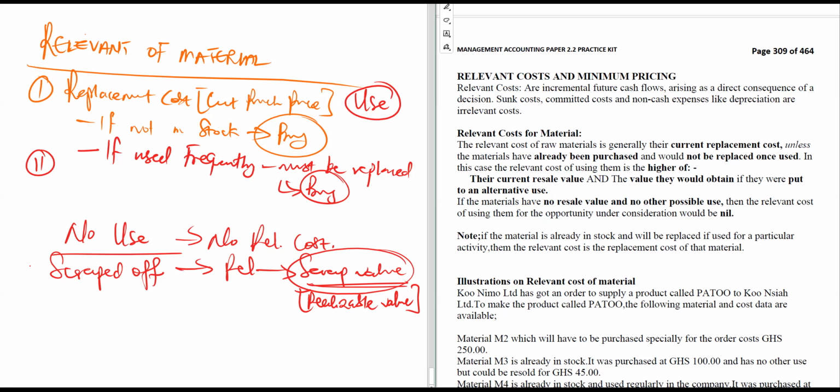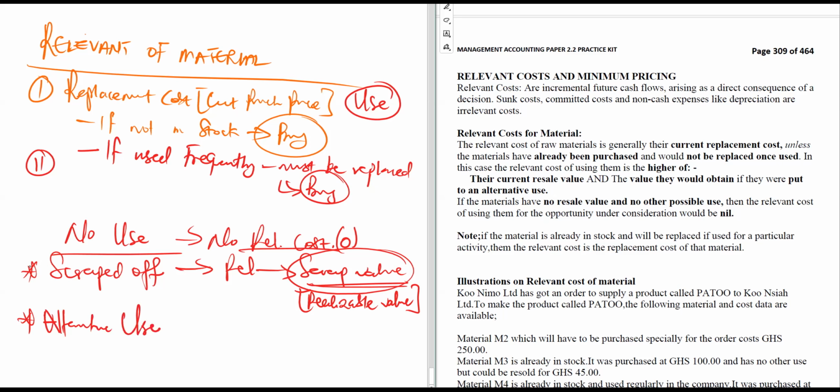The second one is when it has no use and it has no scrap or anything, then there's no relevant cost. Your relevant cost is 0. But when it can be scrapped, the scrap value becomes a relevant cost. And two, if it has an alternative use, let's say that A4 sheet can also be used to manufacture something else that would generate me a contribution of 80 cedis.